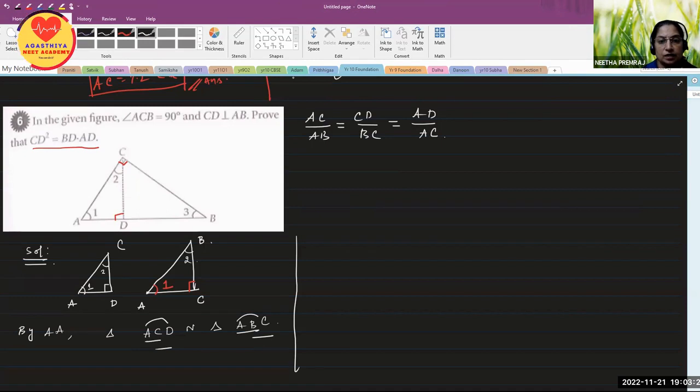Actually CD square, how do we write? CD square can be written as AC square minus AD square, but we can make it easy.